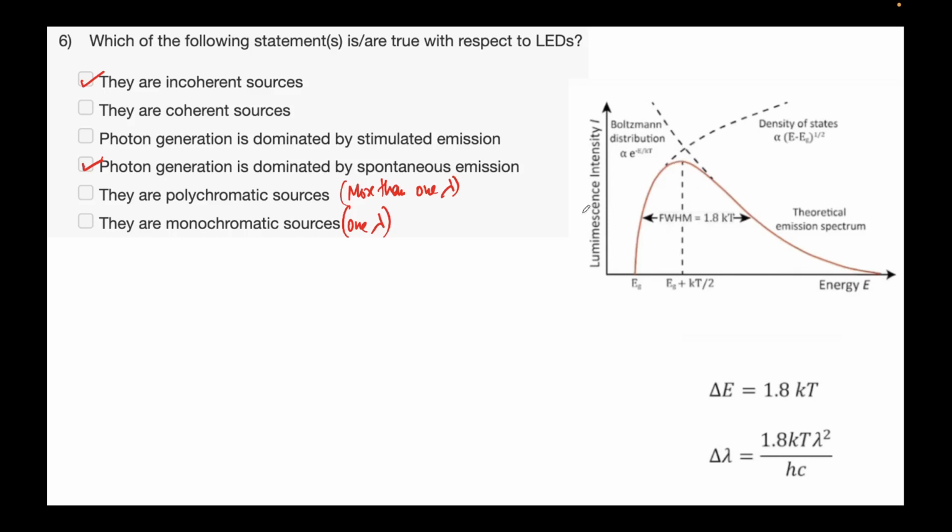What does it mean? You draw the luminous intensity versus the energy. This is the peak that we get here. You can clearly see it's only after EG that you are getting emission, which makes sense, because the electron has to travel from the conduction band to the valence band, so the energy has to be EG at least. Hence below EG there is nothing.